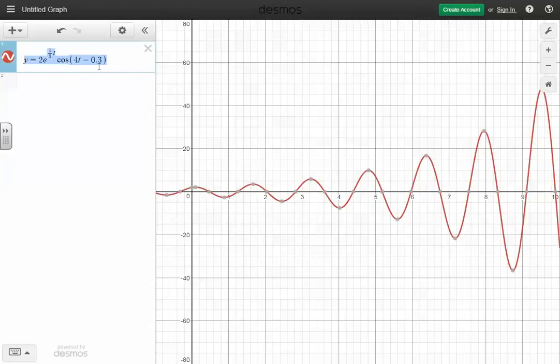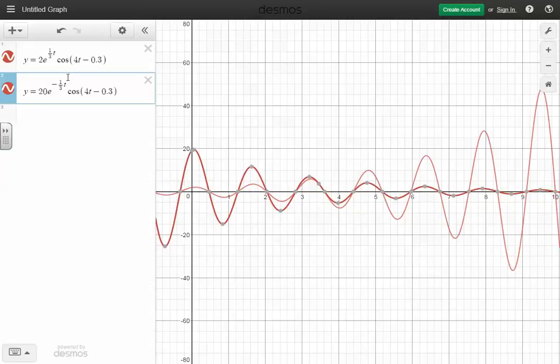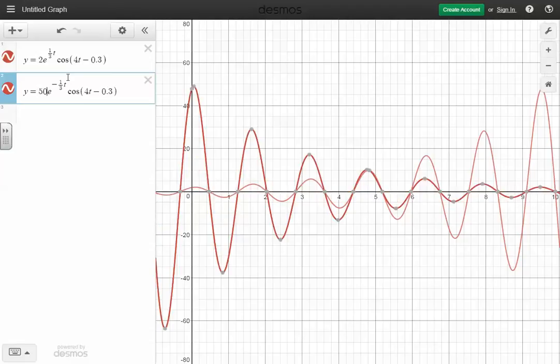If I were to change that to a negative exponential, oh, I have to change the scale, hold on. Let's make it like that. Okay, so you see it big, and then it's getting smaller. So that's this one. Okay, so you get the idea.